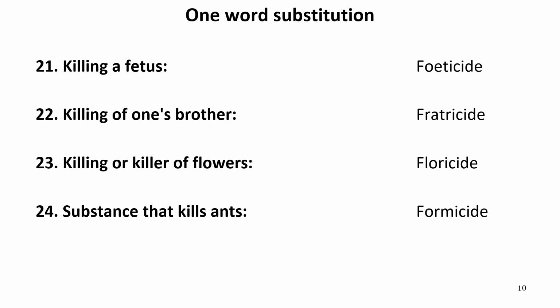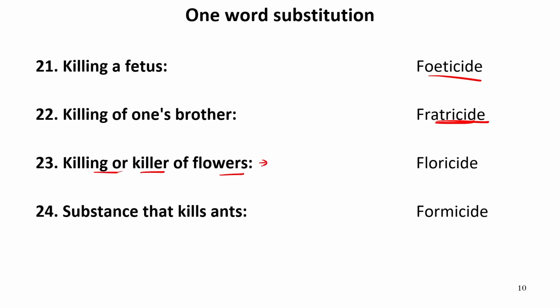Now let us move further. Killing a fetus. So killing a fetus, this is known as forticide. Now we have already learnt a word related to it earlier as well. So this is another word for that particular group of words only. Killing of one's brother. Now this is known as fratricide. Killing or killer of flowers.